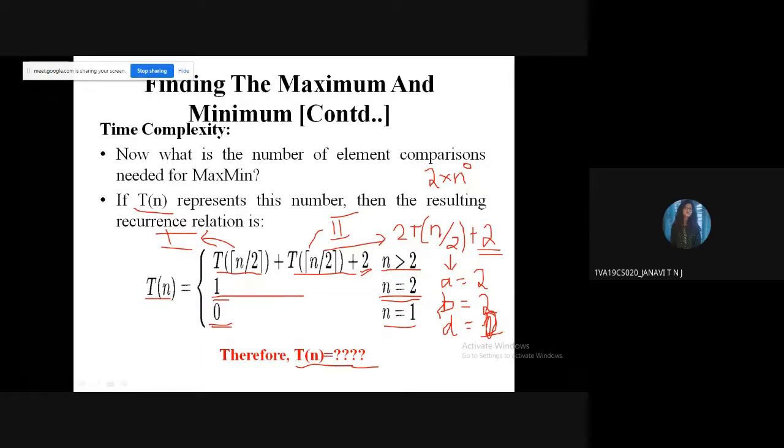A is greater than B, ma'am. So it is linear, right? It belongs to the order of growth linear.